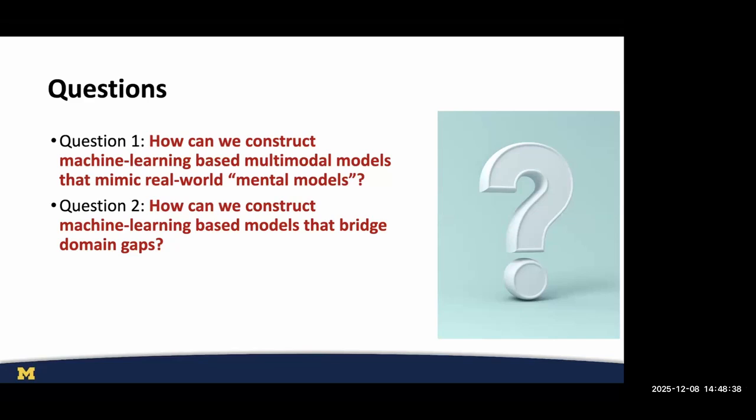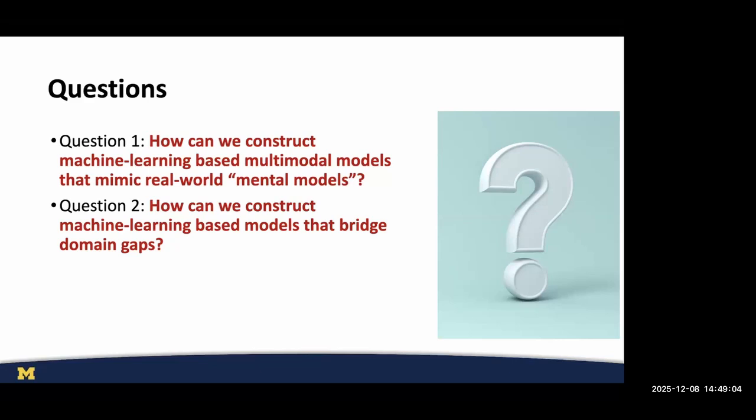Multimodal models are asking, can we add different modalities together? For example, can we make a model that includes MRI and CT in the same model, and also electrocardiogram? These are all different modalities. Can we add them together into the same model? That's one type of question.